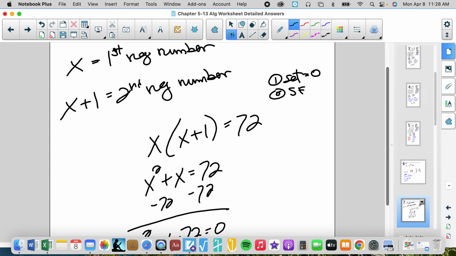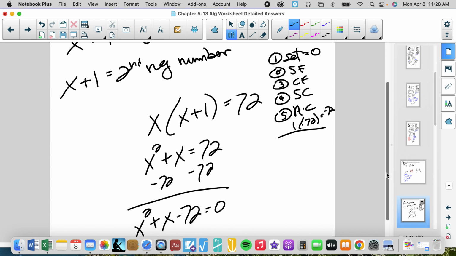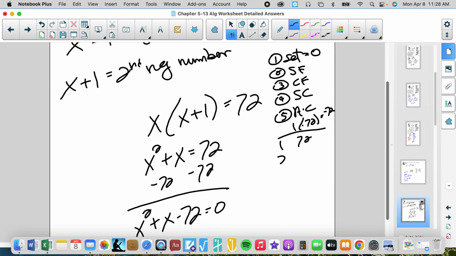Standard form, common factor, special case, a times c, -72. I think we just did those earlier. 1 and 72, 2 and 36, 3 and 24, 4 and 18, 5 no, 6 and 12, 7 no, 8 and 9.